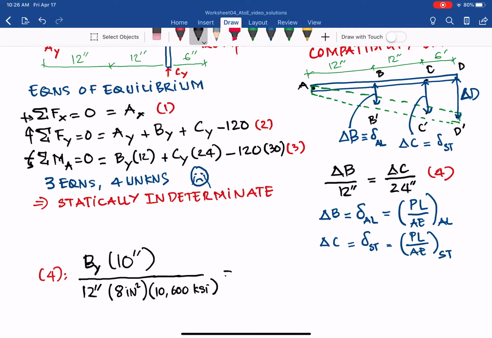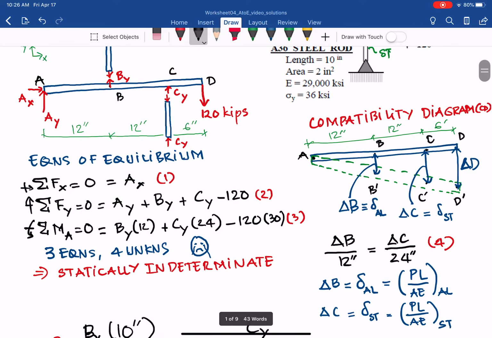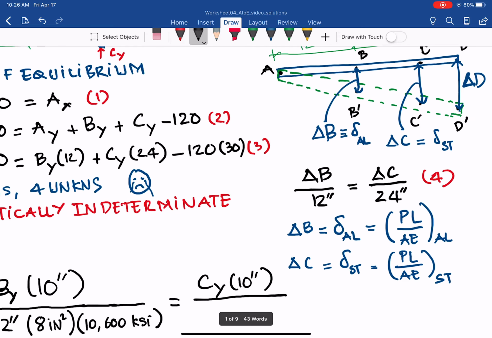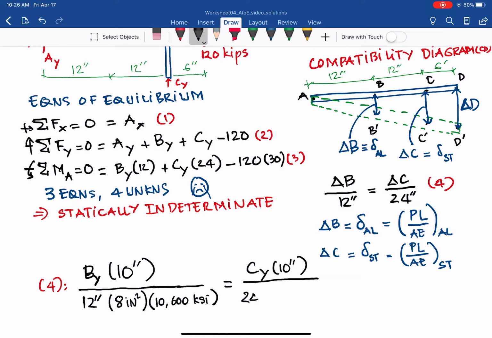And now write the right side of that equation, delta C over 24. Delta C equals PL over AE for steel. So it will be CY, as I mentioned earlier, times the length of that rod, which is still 10 inches, divided by 24 inches.